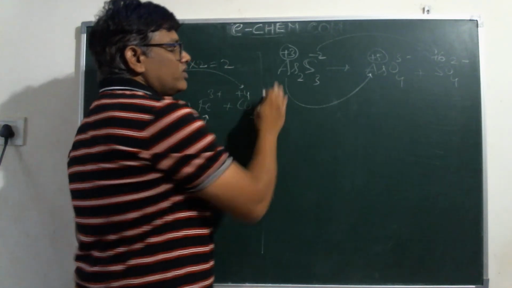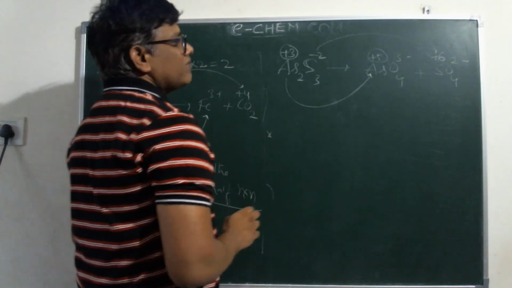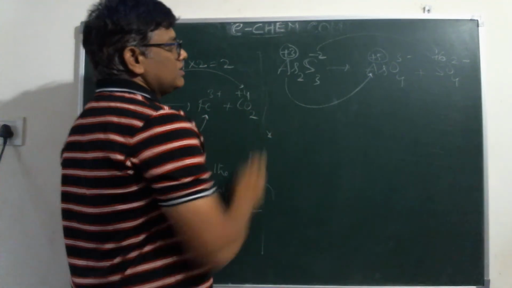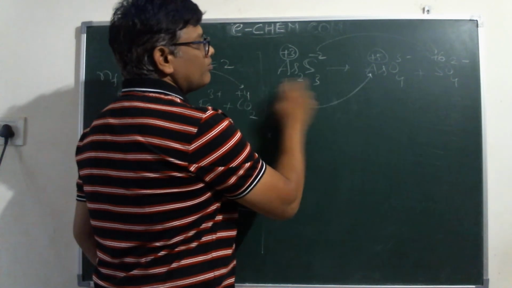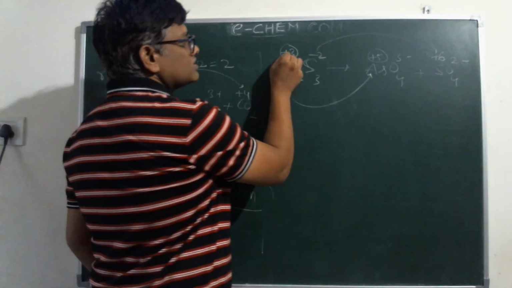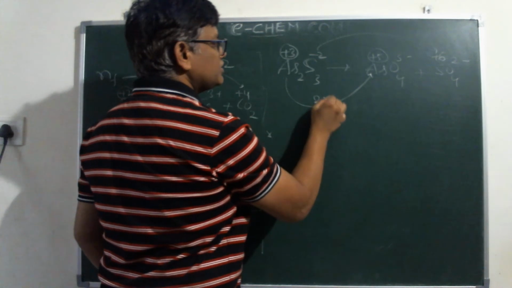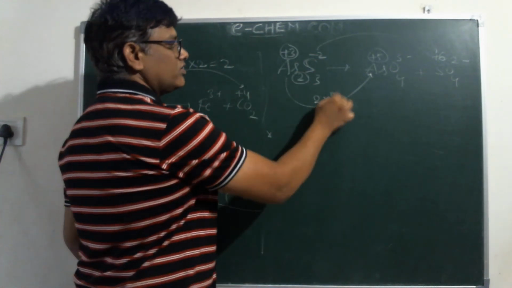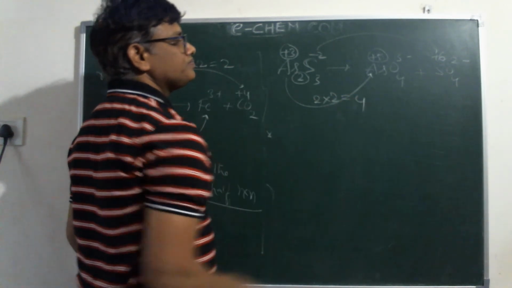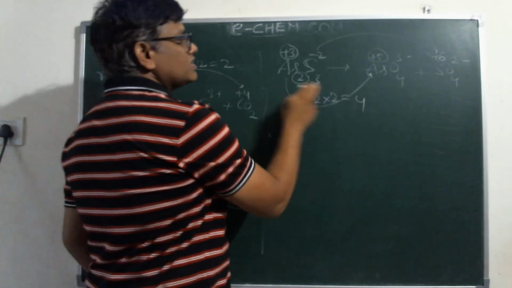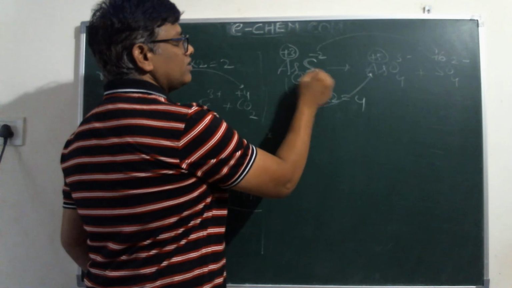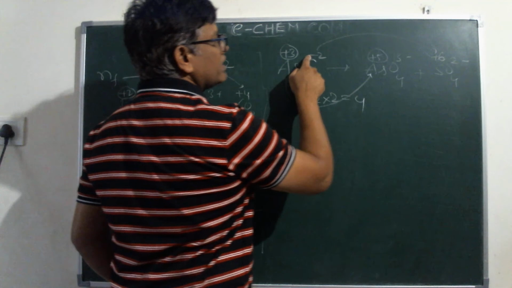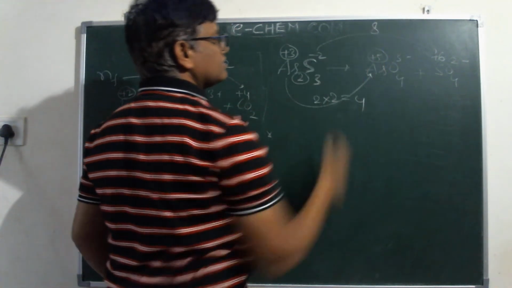Right. So now I want to find out the n factor with respect to arsenic as well as with respect to sulfur. So for 1 mole of the compound, change of oxidation state +3 to +5, that's 2 units being changed. 1 mole of compound is having 2 moles of arsenic, so you have to multiply here, that is equal to 4. 1 mole of compound consists of 3 moles of sulfur. 1 sulfur change of oxidation state -2 to +6, that will be 8 units.